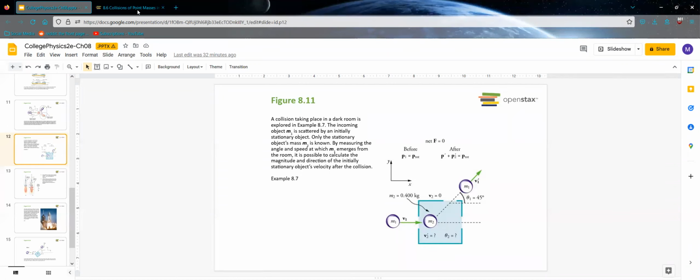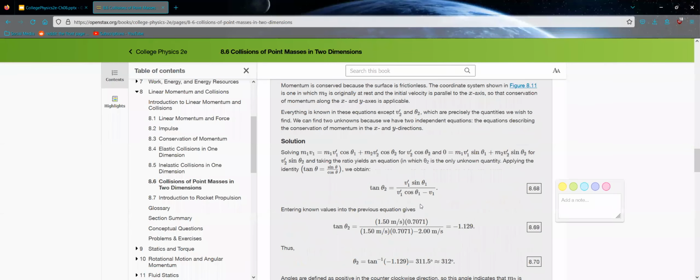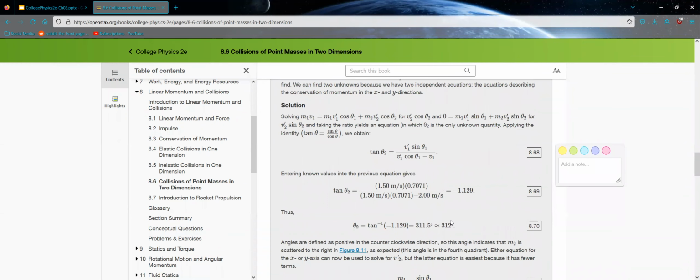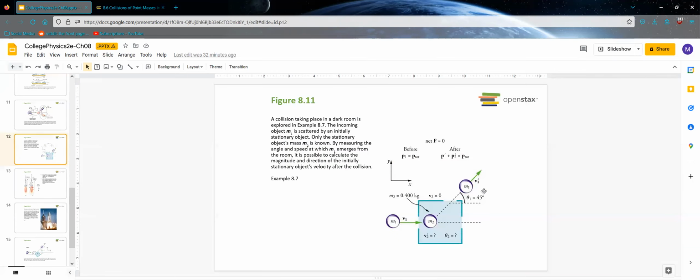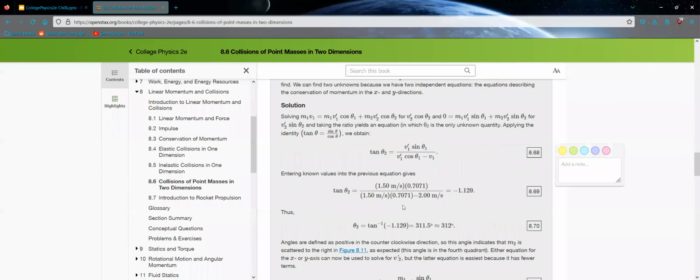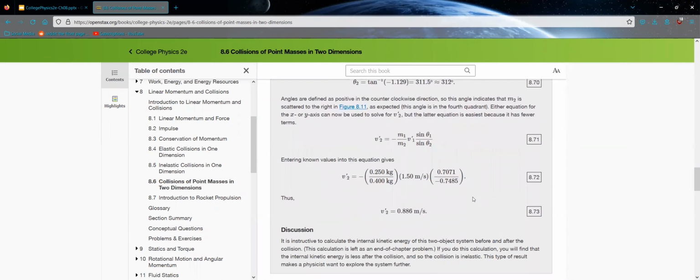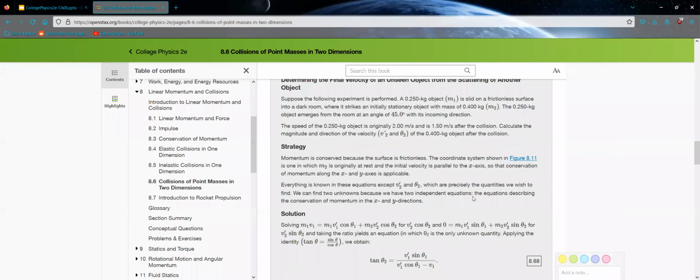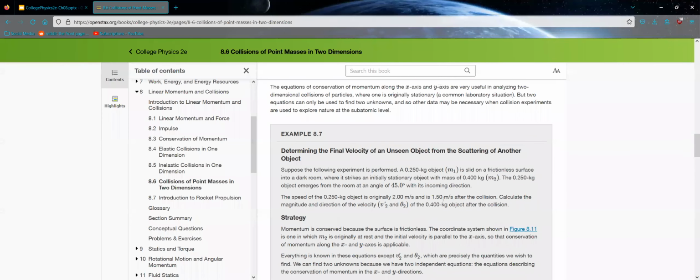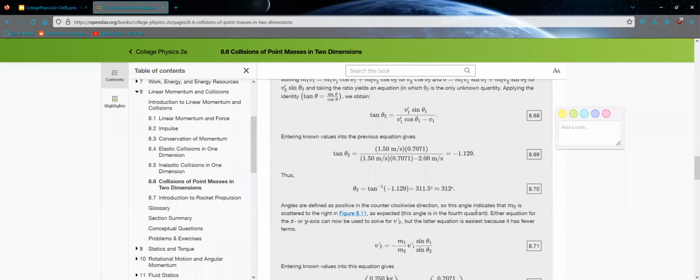That's a big shift. So that is happening if object 2 is coming in at a 312-degree angle from where it's coming from. So 312 is down here in quadrant 4, right? Given that information, we can then figure out the velocity of the object after the collision to figure out where it's going.